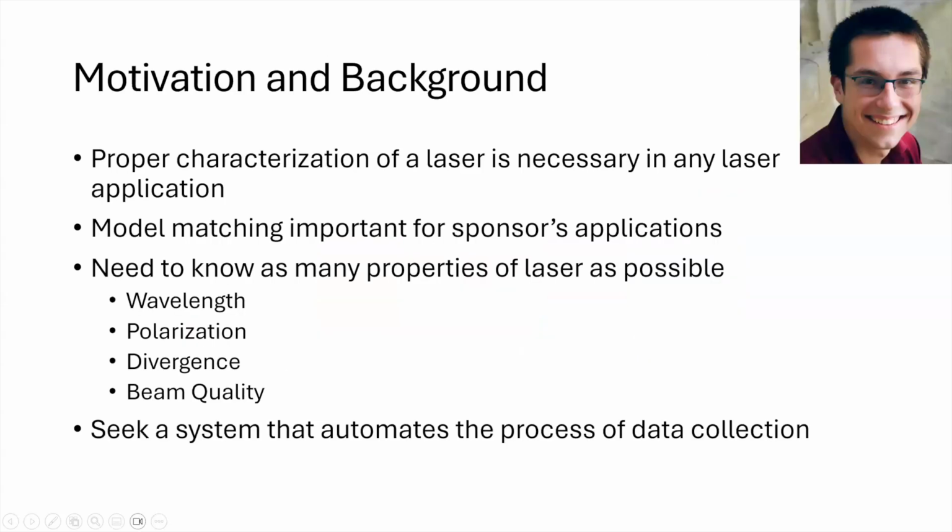So for this project, the motivation comes from the fact that in many laser labs, it is necessary to know many of the properties of a laser in order to know how it will behave in a system. So for our sponsor, there is a lot of model matching that needs to be done.